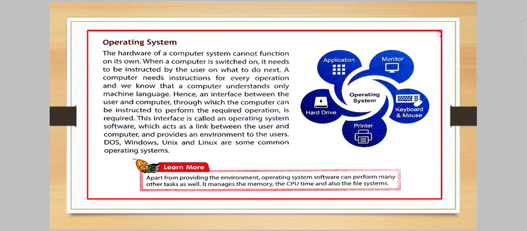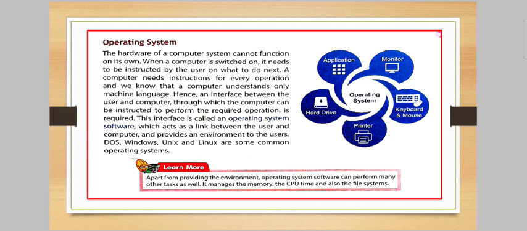Next is operating system. The hardware of a computer system cannot function on its own. When a computer is switched on, it needs to be instructed by the user on what to do next. A computer needs instruction for every operation, and we know that a computer understands only machine language.